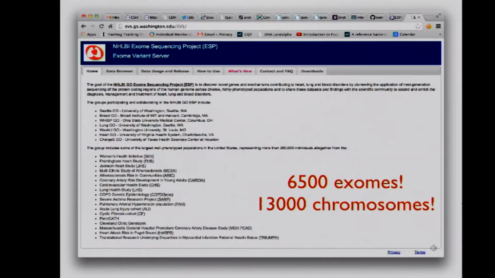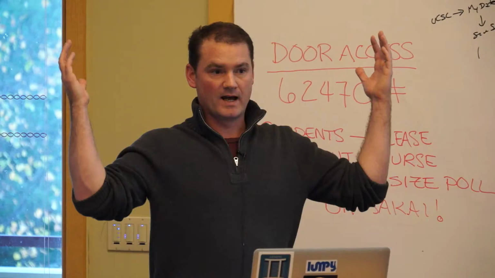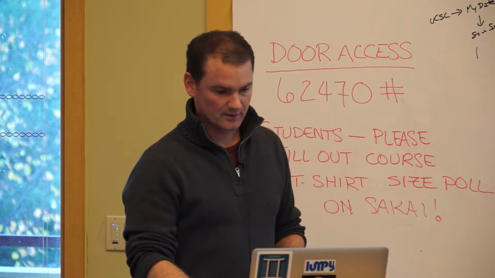And what they found is that nearly 45% of the variants that they discovered among these 13,000 chromosomes were present as a heterozygote in one individual. So their frequency was 1 over 13,000. There's a huge excess of really rare genetic variation in the population, primarily owing to massive population growth over the last 100,000 years.